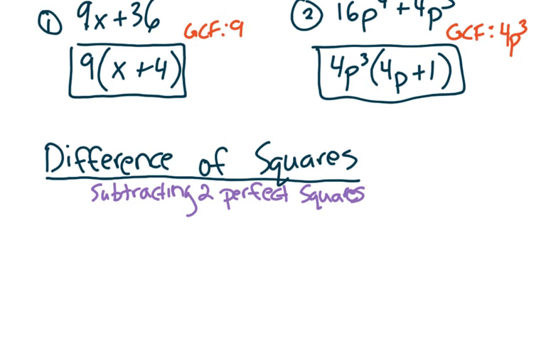So for example, if I had a squared minus b squared. So a is a squared number, b is a squared number, and I'm subtracting them. If this happens, you would factor it in the form of a plus b times a minus b. So what will happen is you'll take the square roots of both. One will be plus and one will be minus.